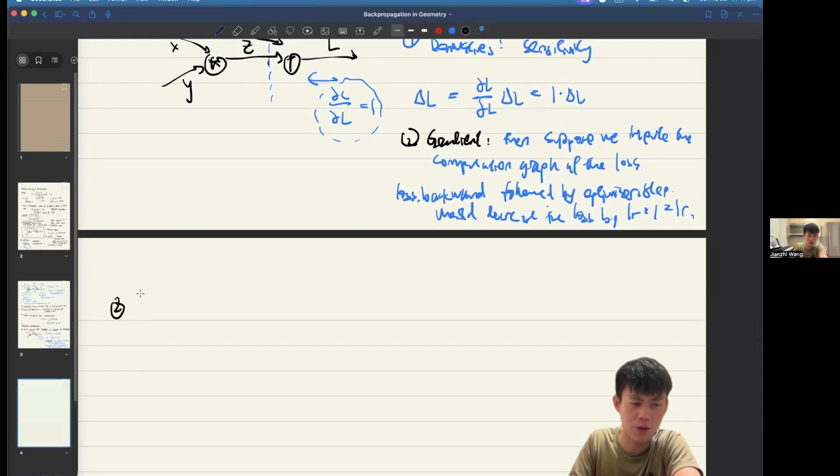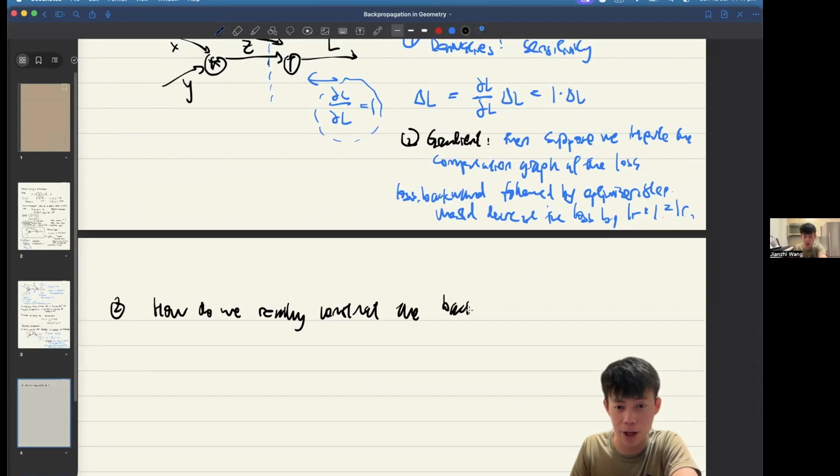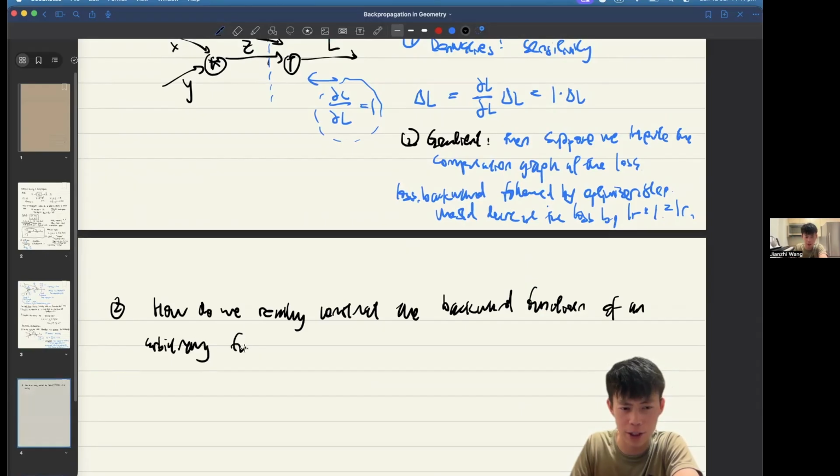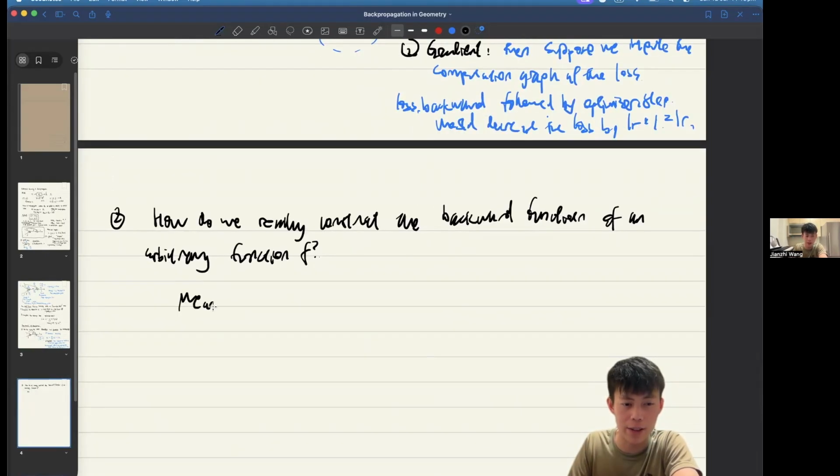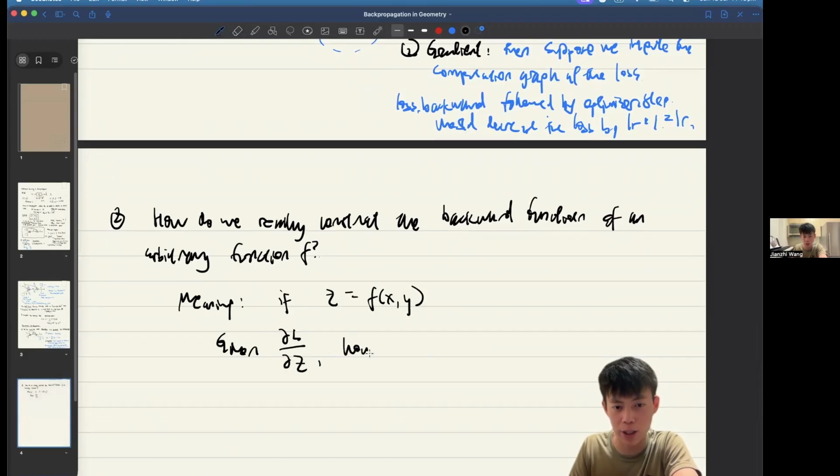So the second point of confusion is: how do we construct the backward function of an arbitrary function f? Meaning, if z is equal to f of x, y, given partial L partial z, how do we get partial L partial x and partial L partial y?